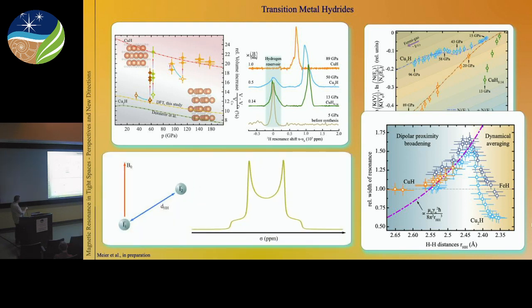So at first we start out decreasing our distances, which leads to a significant broadening of our line. This is a theoretical Pake doublet which you would get from dipolar broadening. And then after a certain point, when the atoms begin to move about, we are averaging out the dipolar interaction, which leads again to a narrowing of our line width, which we think we see here.